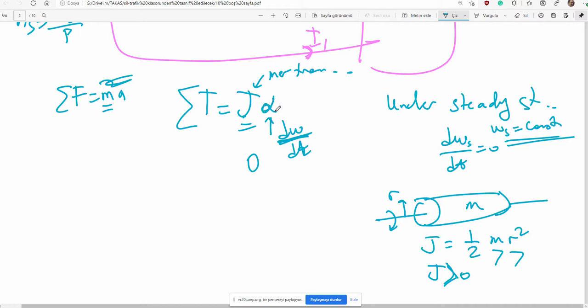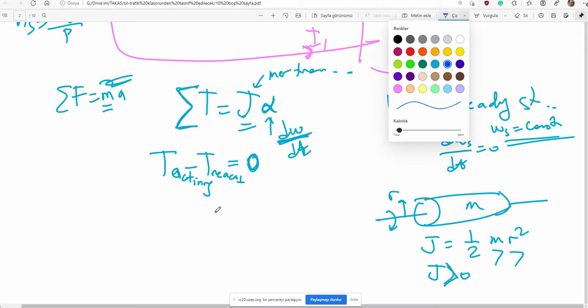Now this guy is 0 and the right hand side of the equation is 0, and the left hand side is total torque. It is acting torque minus, let me say, acting and reacting. And what does it mean?